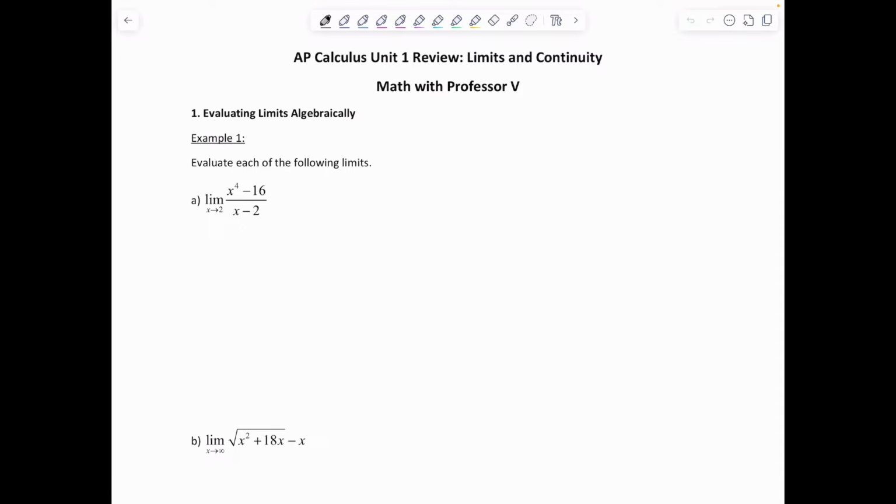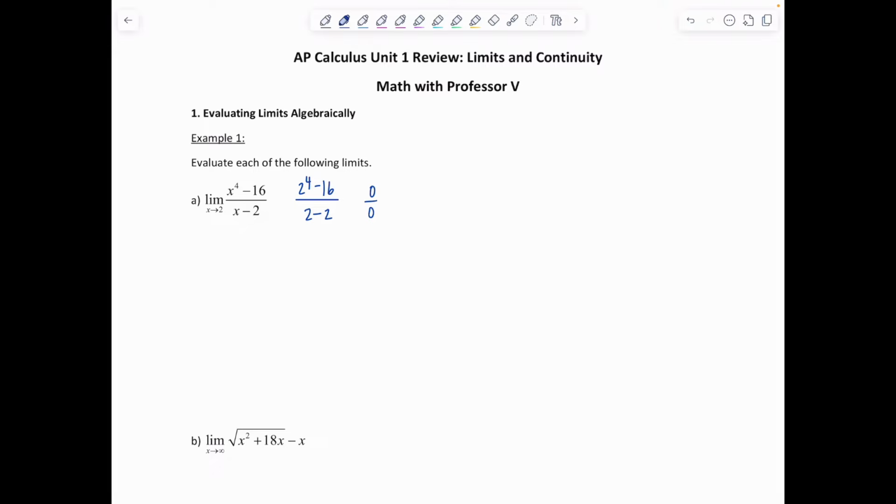Always try direct substitution first, meaning try just plugging in what x is approaching, directly substituting it in and see what you get. So if I plug in 2 for x, I'd get 2 to the fourth minus 16 in the numerator. And then the denominator would give me 2 minus 2. Well, that's 0 over 0. That's an indeterminate form. So we can't determine the limit when it's in that form.